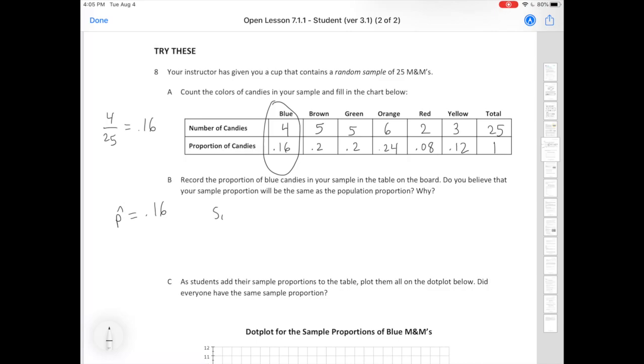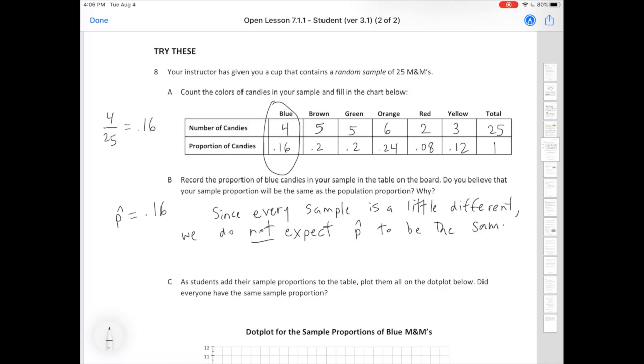So I will say, since every sample is a little different, we do not expect p hat to be the same as p.